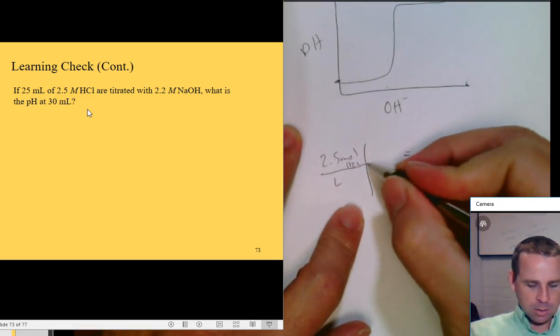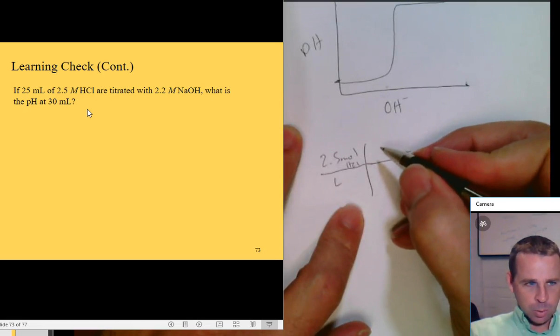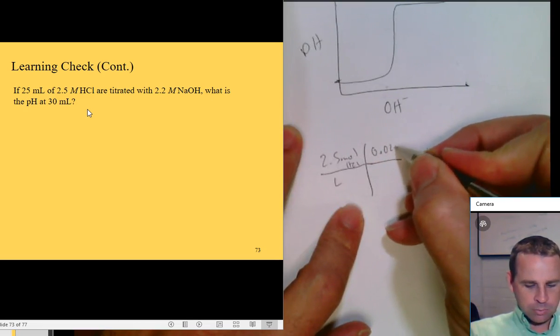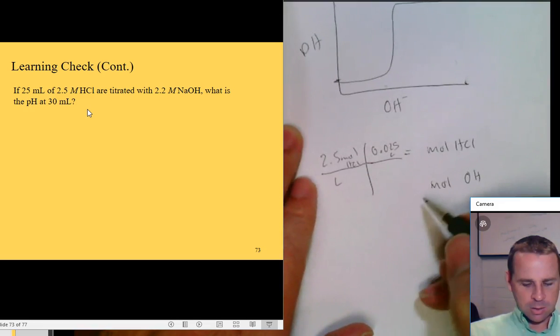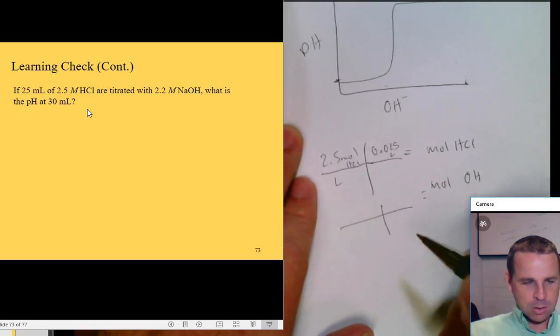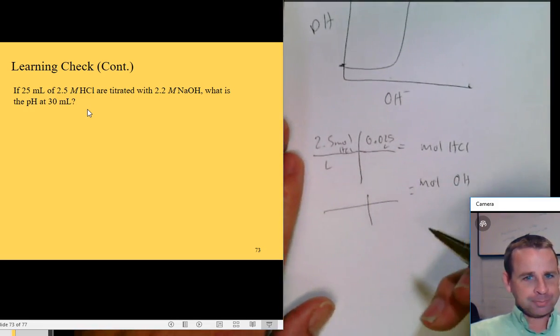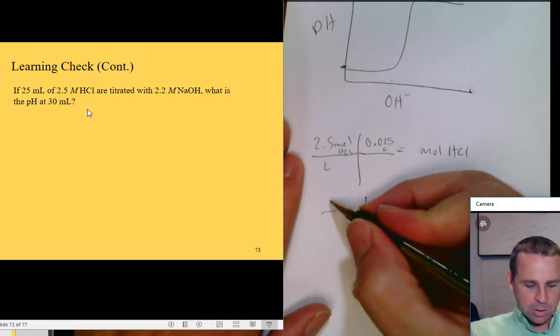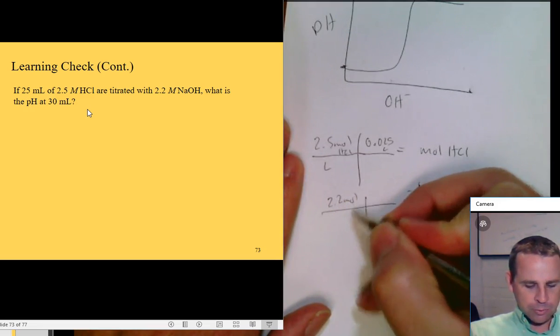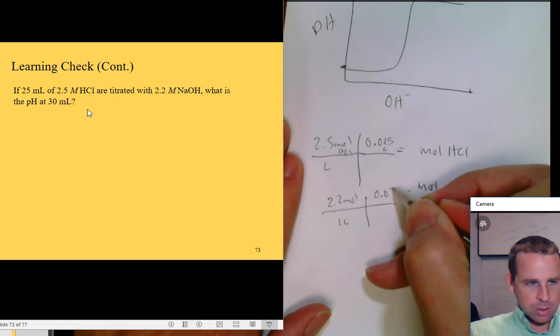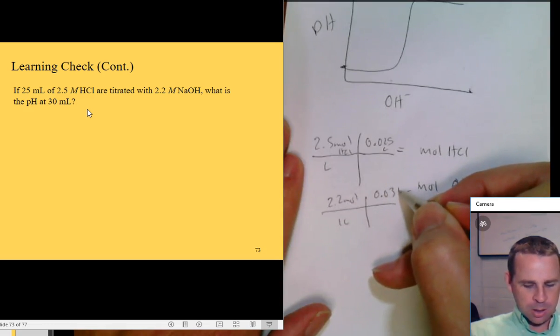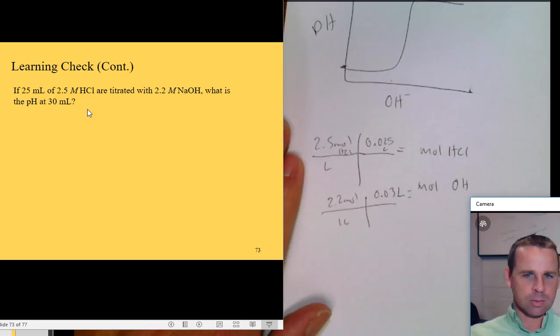And then we added 0.025 liters of that, right? To get the moles of hydroxide ion, we had 2.2 moles for every 1 liter, and we added 0.03 liters in this scenario, right?